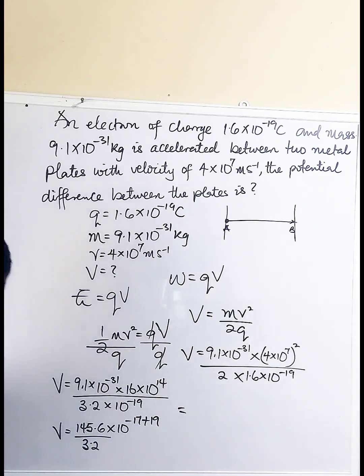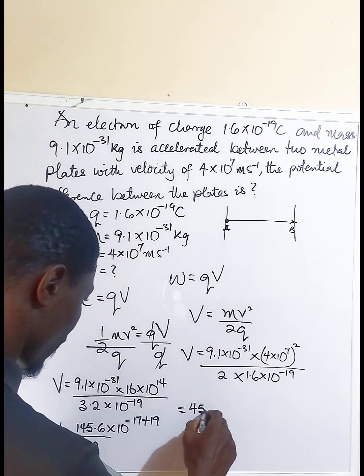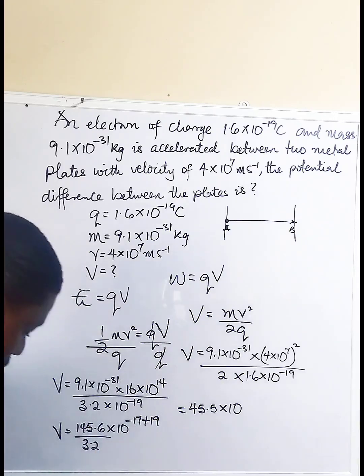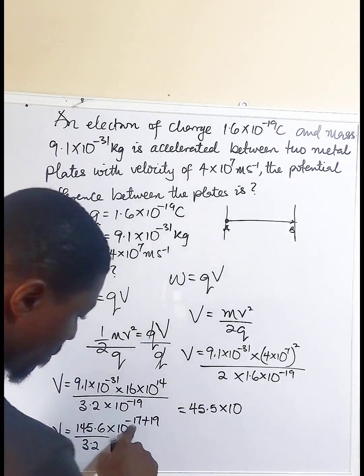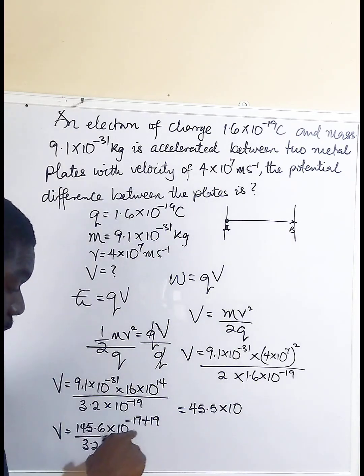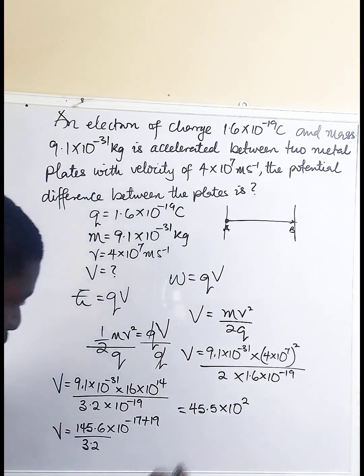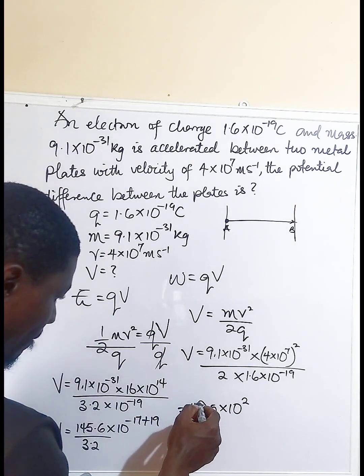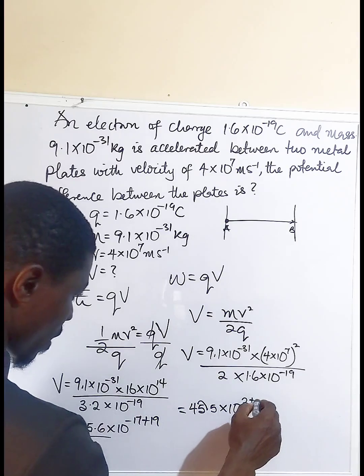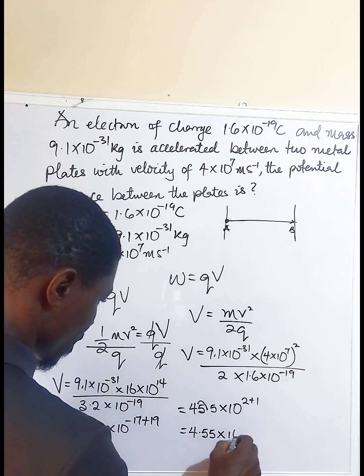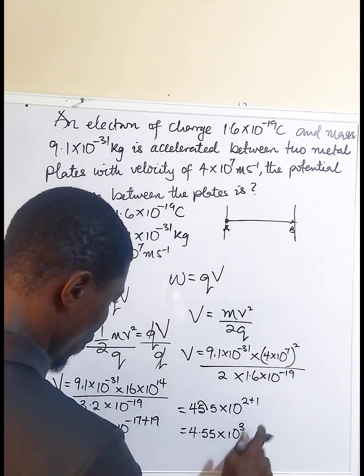So we are left with 145.6 divided by 3.2, which gives us 45.5 times 10 raised to the power of minus 17 plus 19, which gives us 2. Bringing our decimal point over, plus 1, we have 4.55 times 10 to the power of 3 volts.